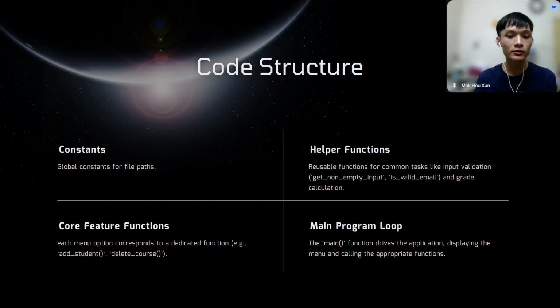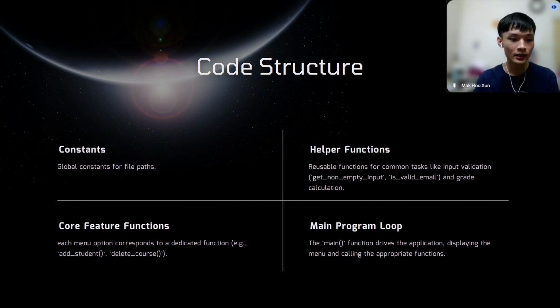Furthermore, for our code structure, the entire application is contained within a single script, the main Python file, and is organized into four main parts. First, the constants, which are for file paths and making them easier to manage. Secondly, the helper functions, such as get non-empty input, is valid email, and grade calculation.